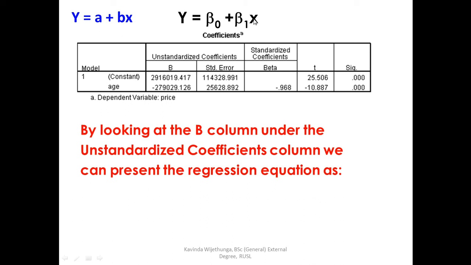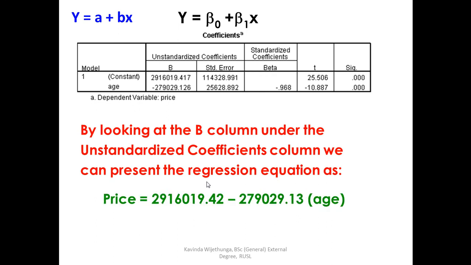By looking at the B column under the unstandardized coefficients column, we can present the regression equation as price, y equals 2,916,019.42 minus 279,029.13 age. This is our regression equation, right?